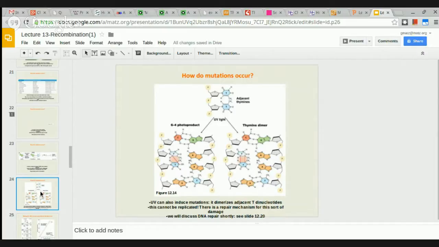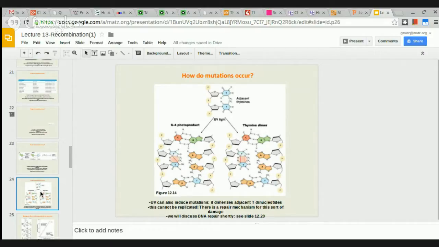This cannot be replicated. There's a DNA repair mechanism for this. We'll discuss that shortly. This DNA repair system specifically for T dimers is active in plants and in very few metazoans. It's mostly a plant thing. In mammals, this kind of thing is dealt with by a system called nucleotide excision repair, which I've mentioned in a few minutes.